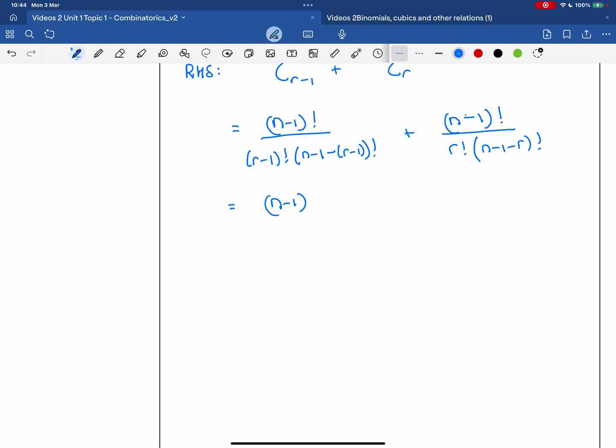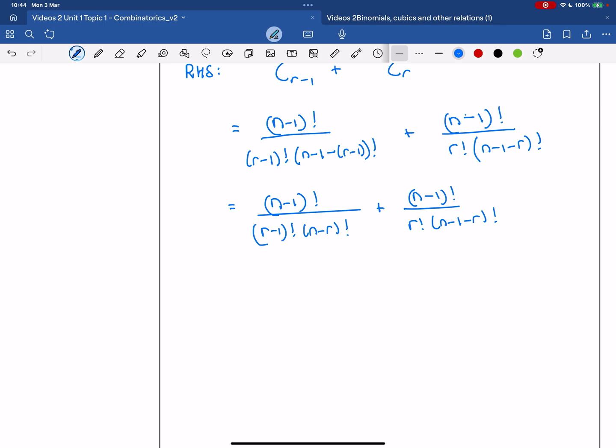So n minus 1 factorial over r minus 1 factorial, and n minus 1 plus 1 cancel each other out, so I just have n minus r factorial, and n minus 1 factorial, I don't think I can do anything with this one, r factorial, n minus 1 minus r factorial.